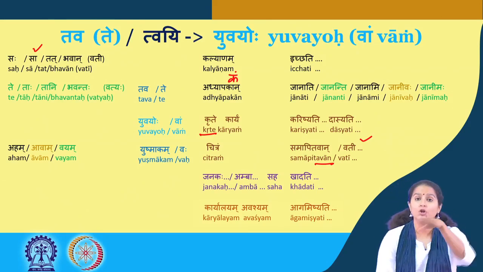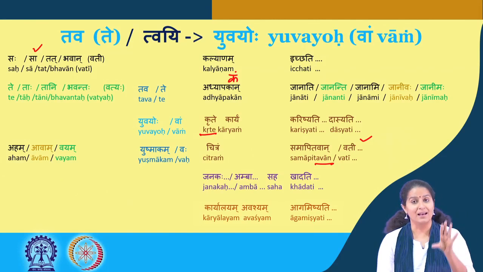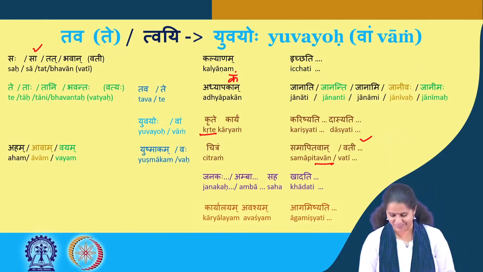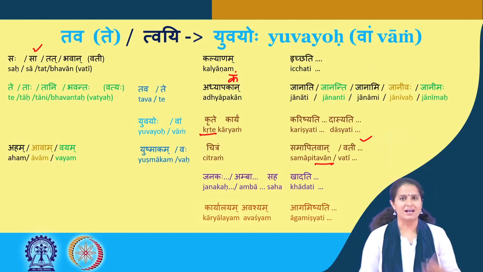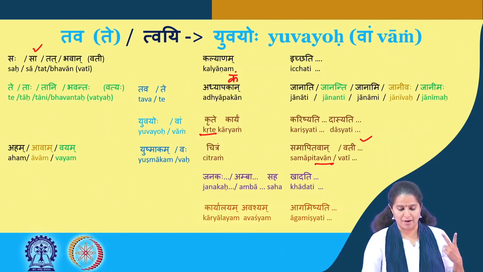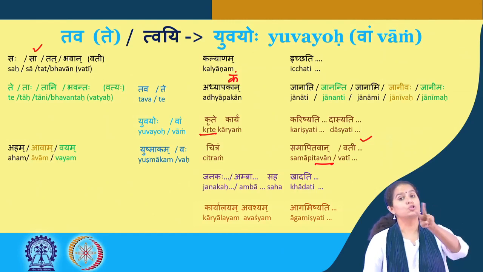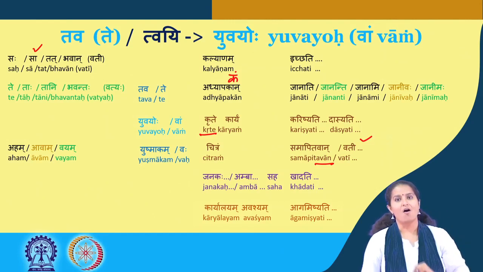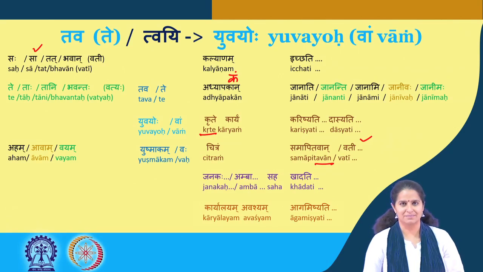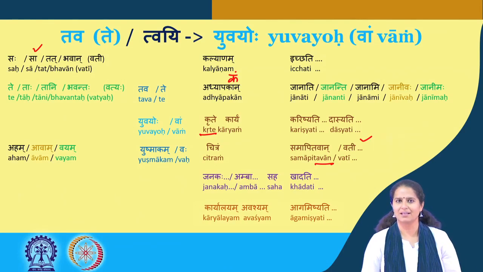Finally, sa yushmakam karyalayam avashyam agamishyati. Uttamam. So, just a last exercise for you there. How would you say that the two of us will come to the two of yours office definitely? How would you say that?